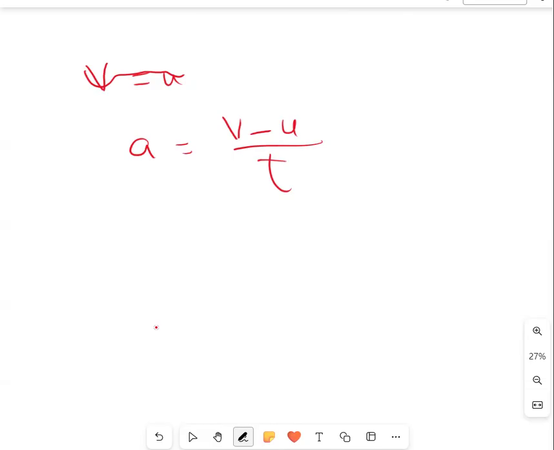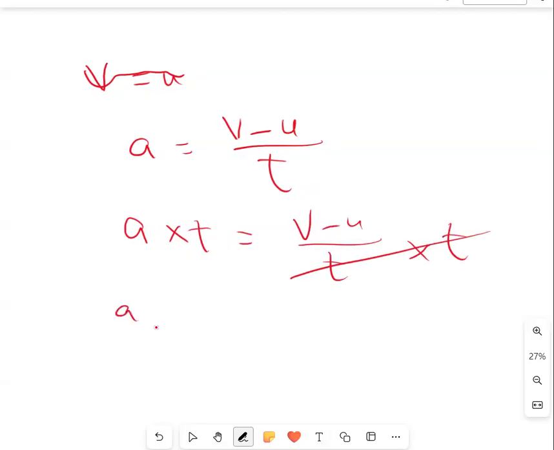There are different things people say, right? You can multiply both sides by T. Look at what happens. A times T is equal to V minus U over T times T. So these two will cancel. You get AT equals V minus U, right?